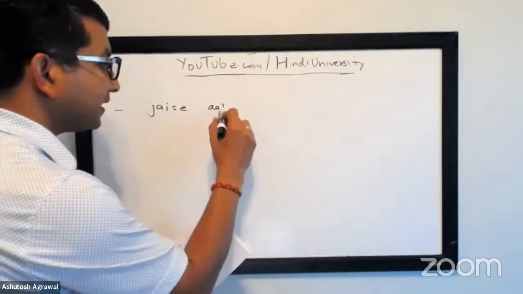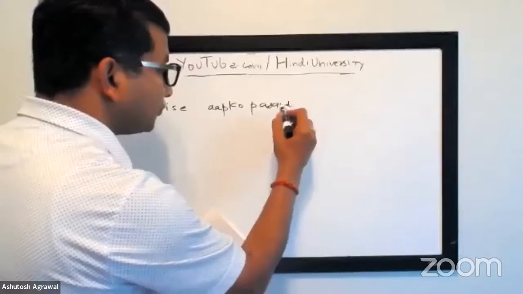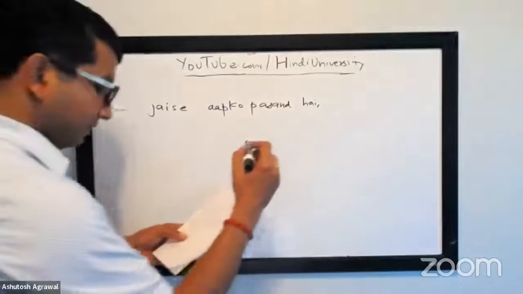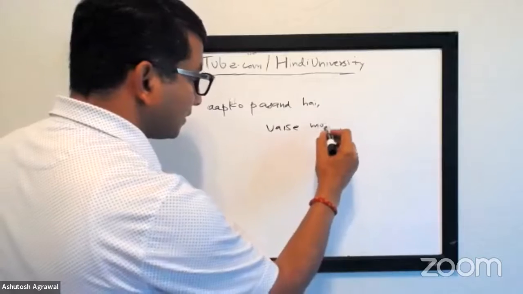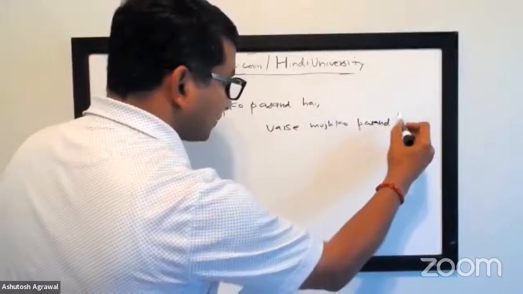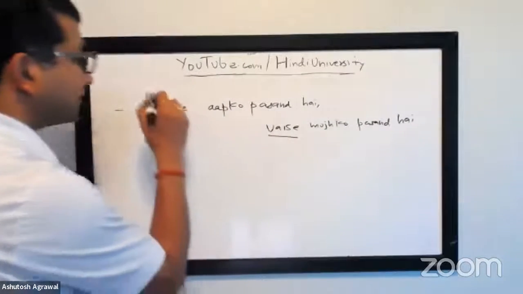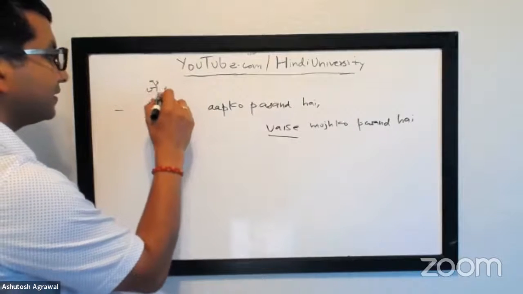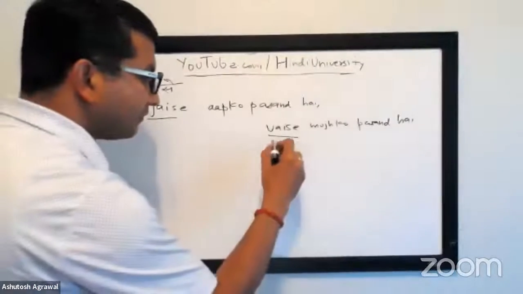जैसे आपको पसंद है, and you can put anything. जैसे आपको पसंद है वैसे मुझको पसंद है. You have जैसे here, and then you have वैसे.